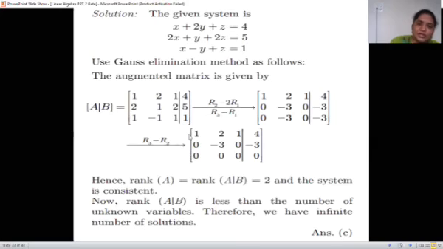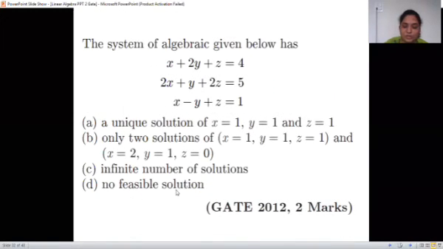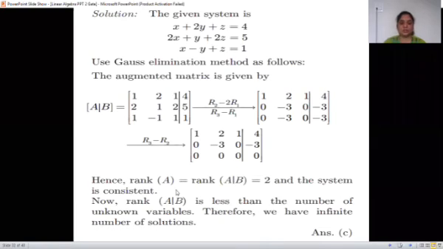And if we consider the whole augmented matrix AB, the rank is 2. A is also 2 and AB is also 2, so both the ranks are the same. Rank of A is the same as rank of AB. The system is consistent, so it has a solution. Whatever it has, it has a solution. So whoever has ticked no feasible, that is wrong.